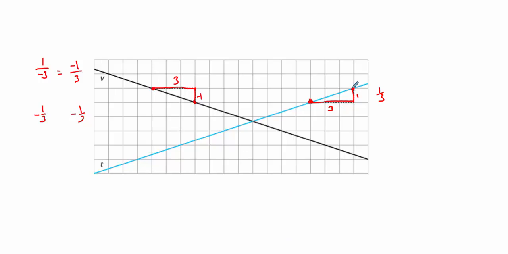What about this? What if I started this one? Then I'm going down. So that's negative. If I start at this point, I'm going down. So that's negative. You're right. It is negative. So let's see what happens. If we start at this point, we go down 1. We get -1. And then we go to the left.